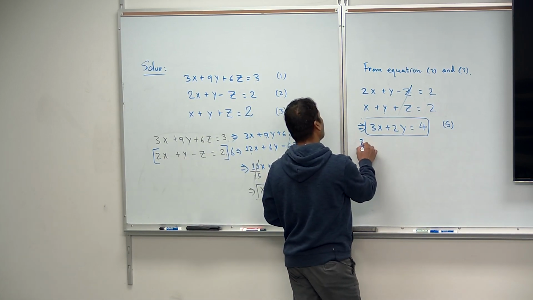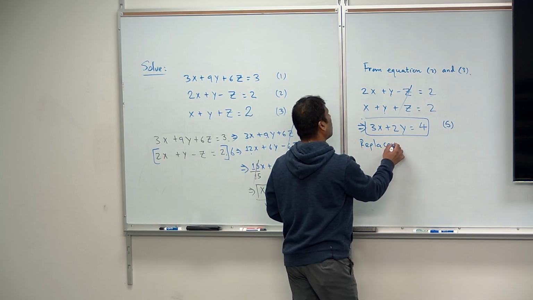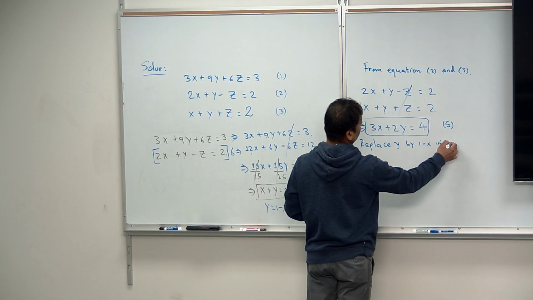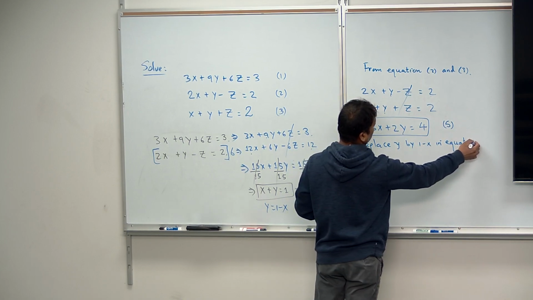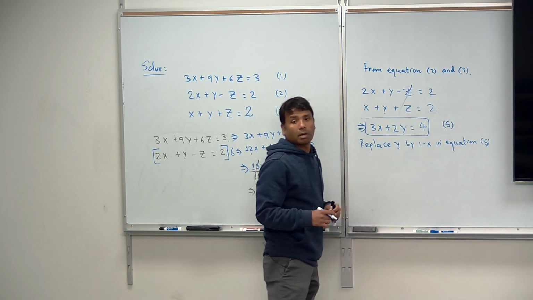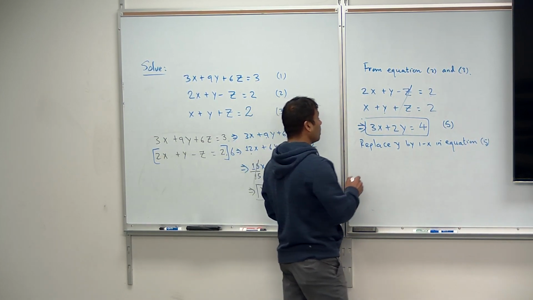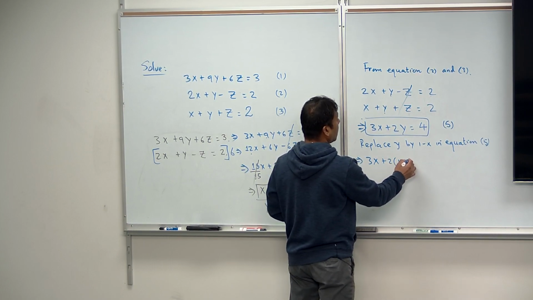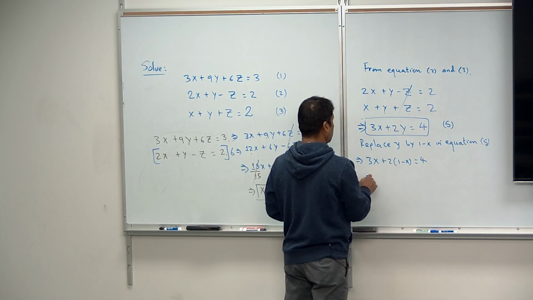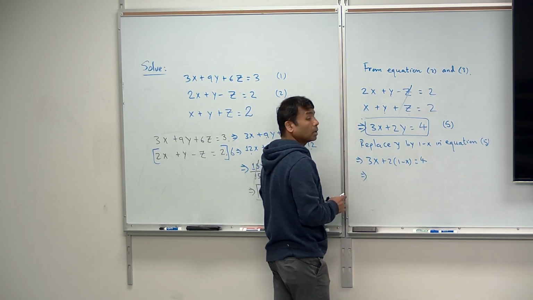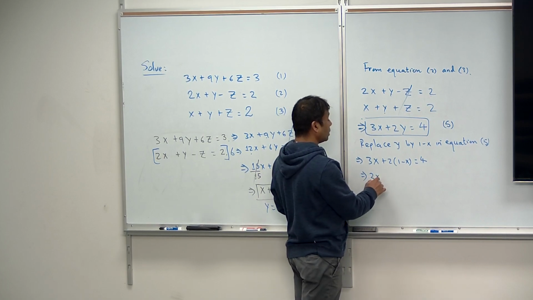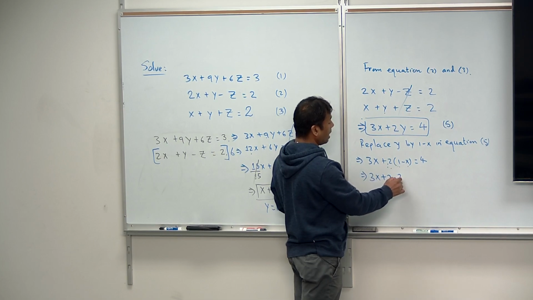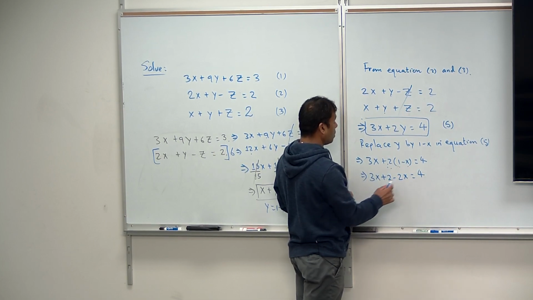Replace y by 1 minus x in equation 5. So that will be 3x plus 2 times (1 minus x) equals 4. You have 3x, and you distribute: 2 times 1 is 2, and 2 times negative x is negative 2x, equals 4.